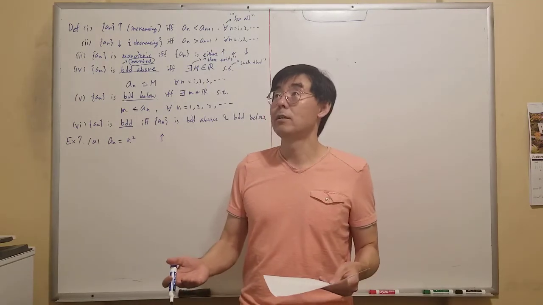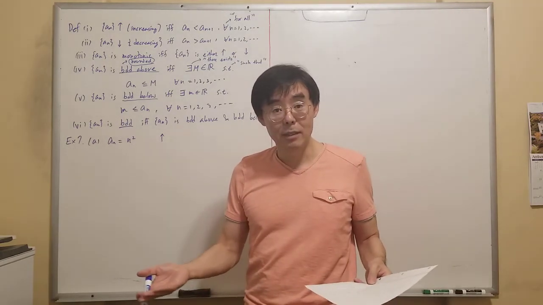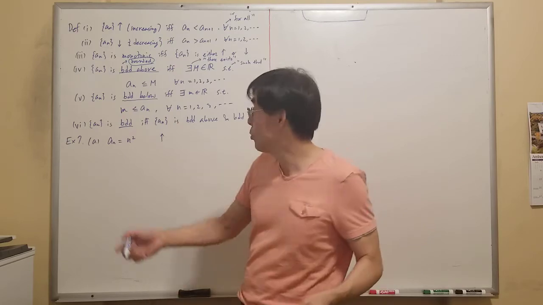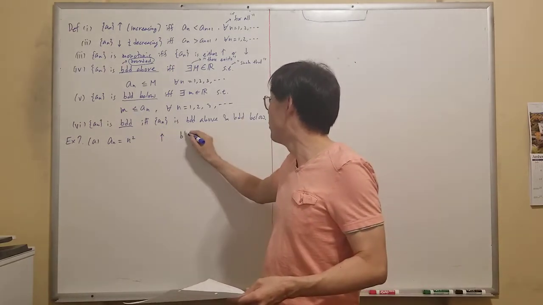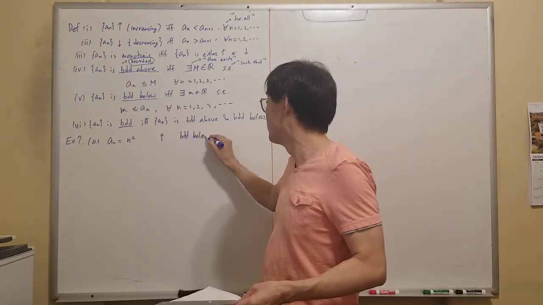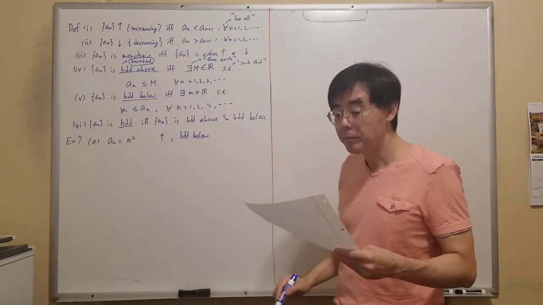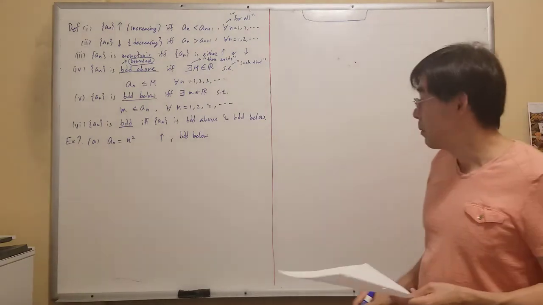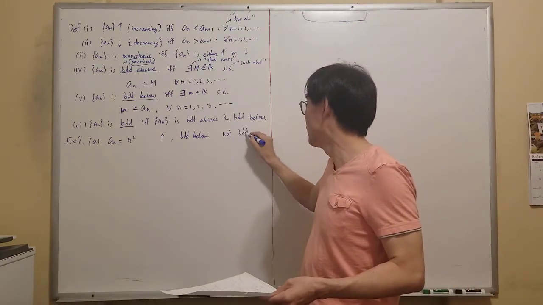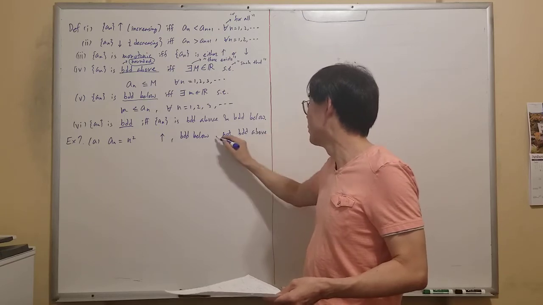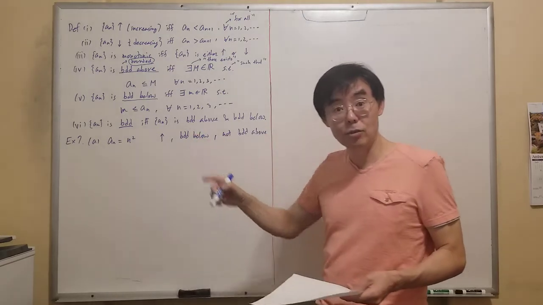Or you could say greater than negative 3. Any number less than or equal to 1 can be used as a lower bound. So anyway, it is bounded below, but not bounded above, obviously, because it can be as large as you want.